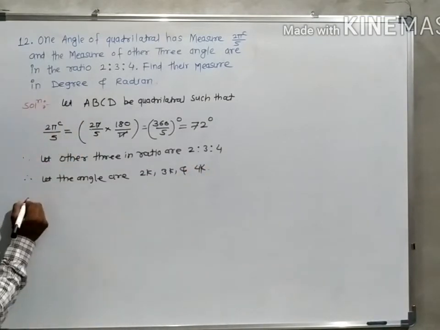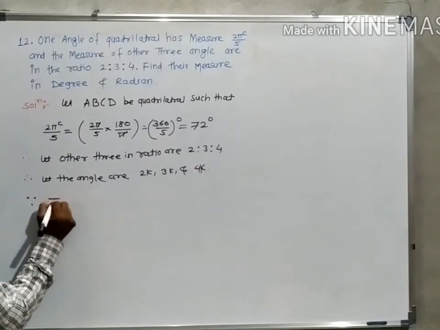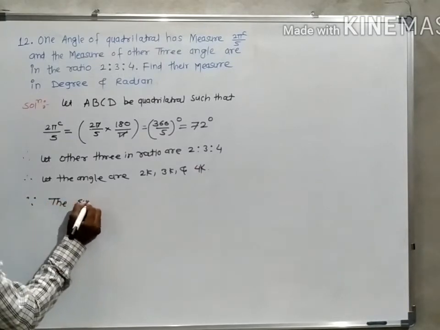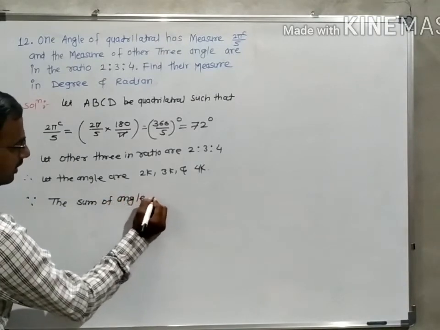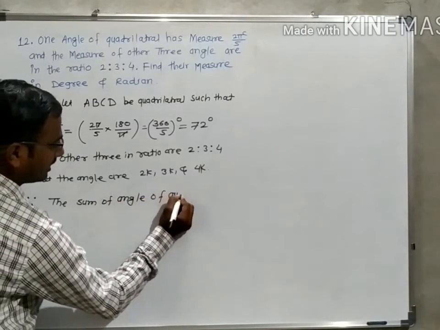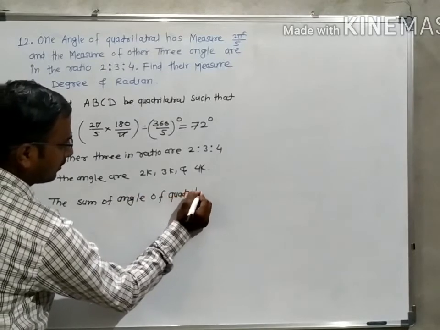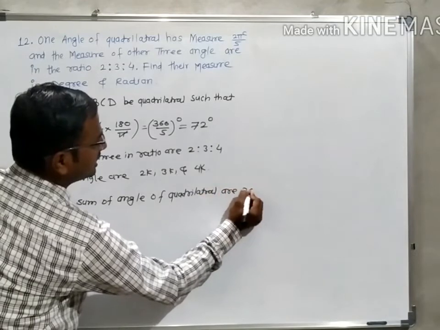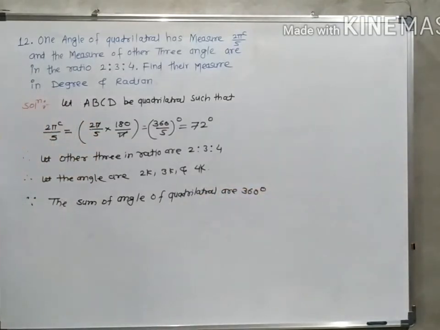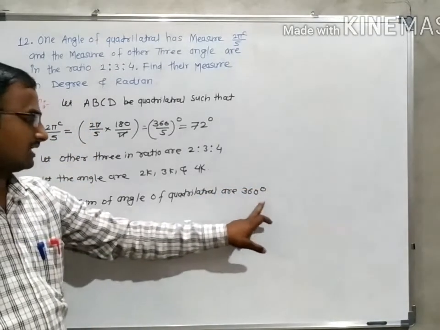Since the sum of the angles of a quadrilateral is 360 degrees.